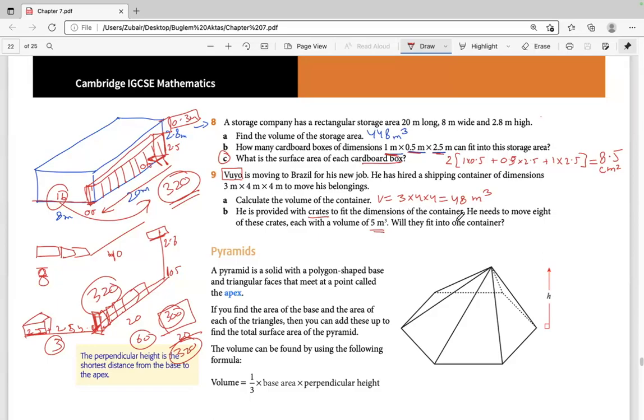That would obviously mean that no length is more than 4, because his container is 3 meter by 4 by 4. Consider that the 4 by 4 is a base and 3 is the height. So if we have a crate which is more than 4, we cannot fit it in. So if the volume is 5 already and we have 8 such crates, 8 into 5, total volume is 40. So yes, we can fit.